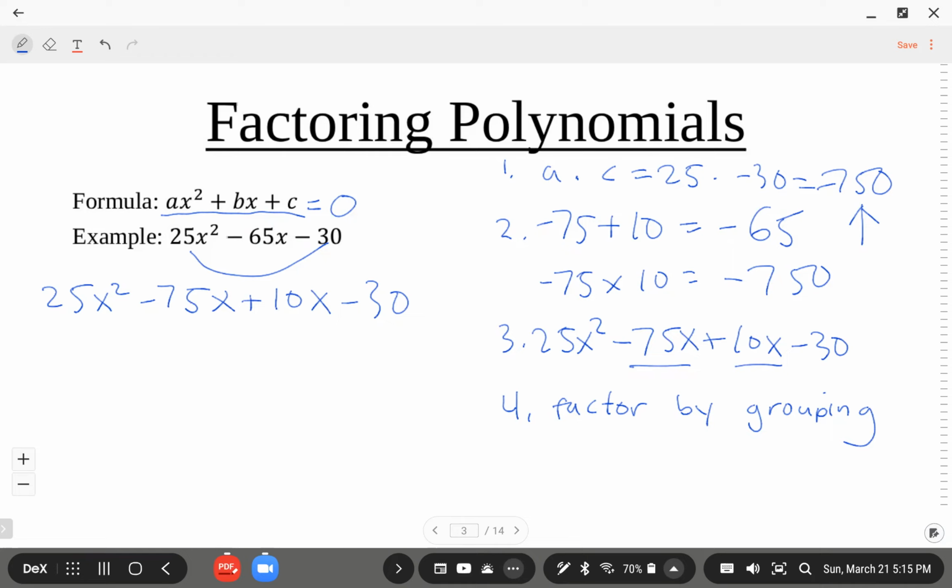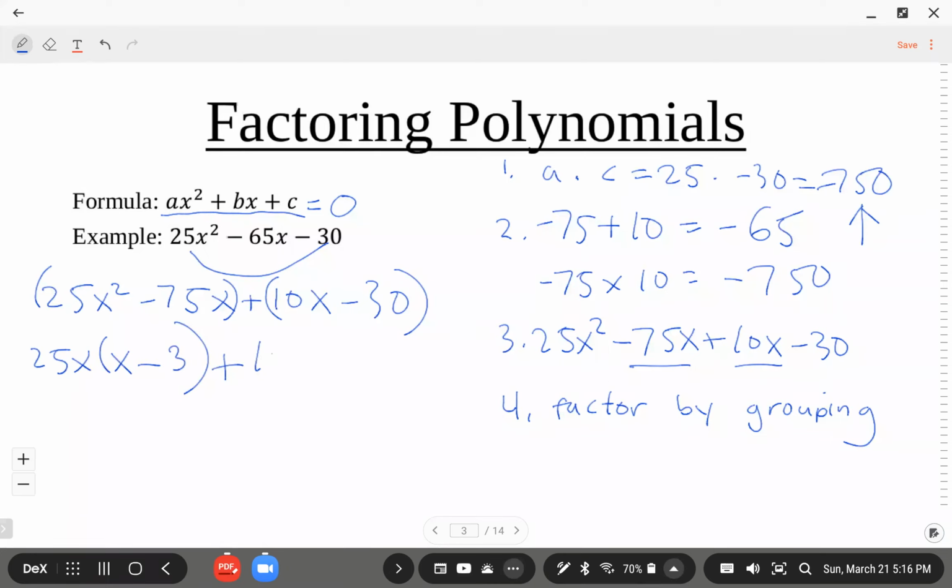Let's actually solve this. So separate it into two groups, hence the name factoring by grouping. And basically take the greatest common factor out of each of these groups. Factor it out, and it'll be like this.